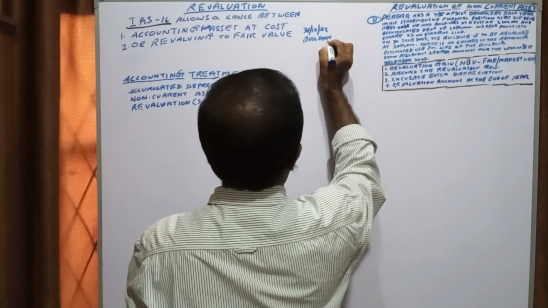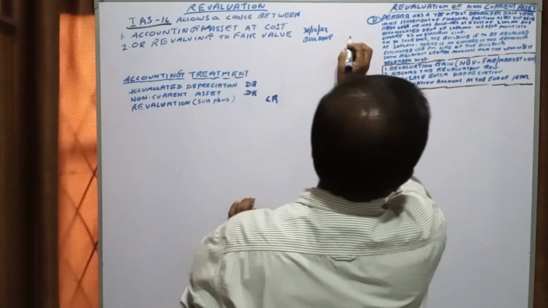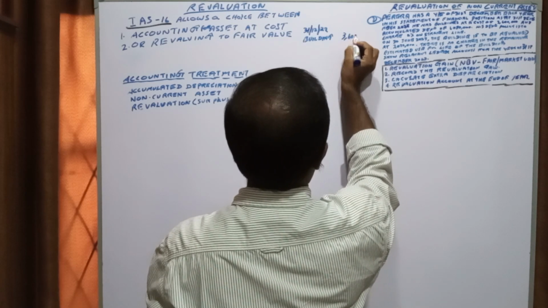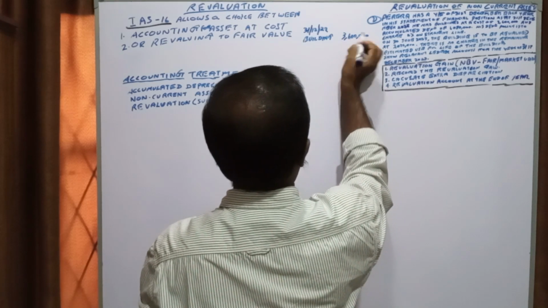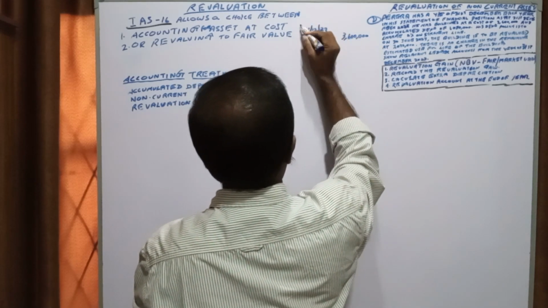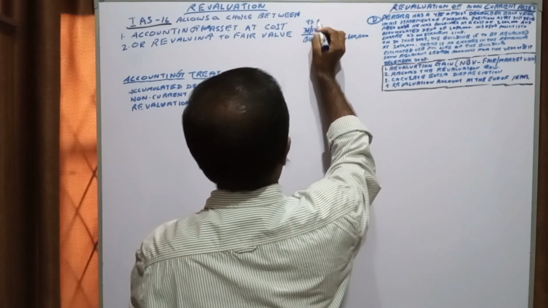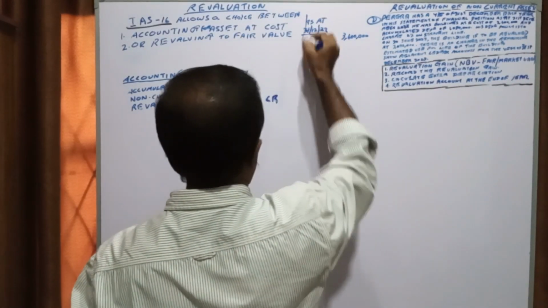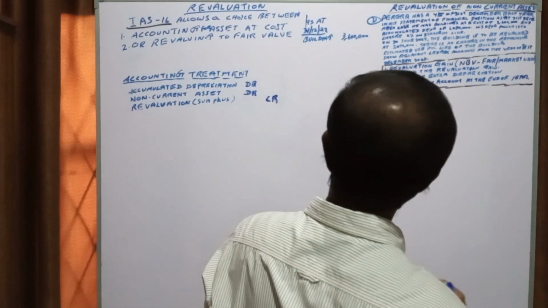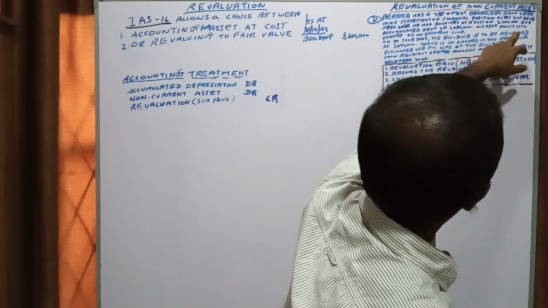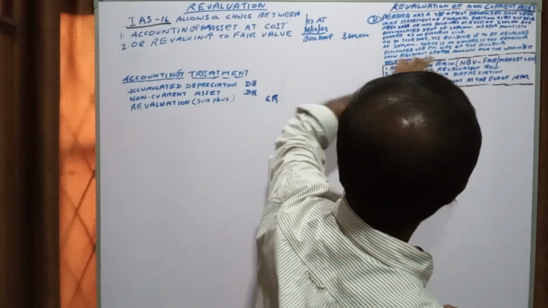Building cost shown at 3,600,000. Asset as at 31st December 2022, building shown at the cost of 3,600,000.